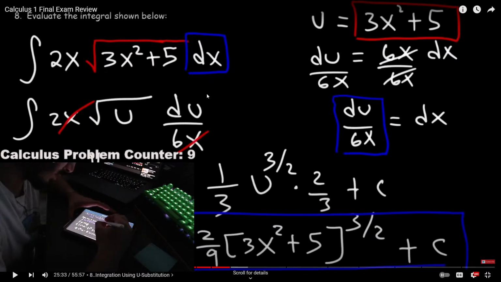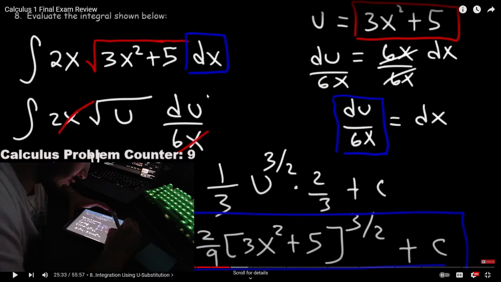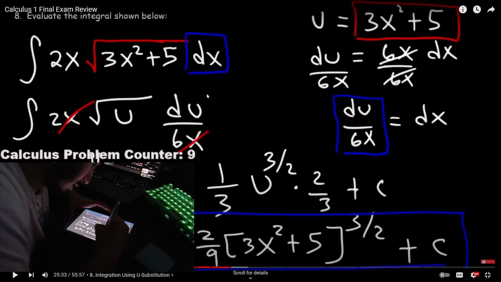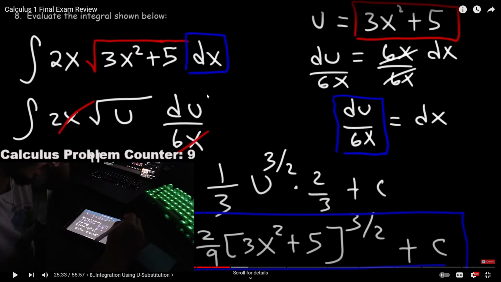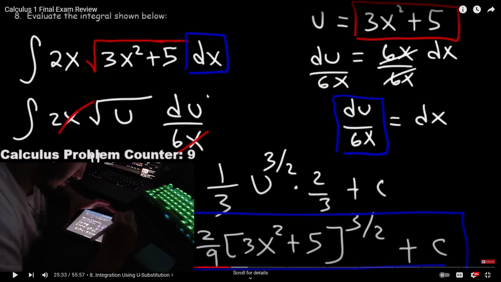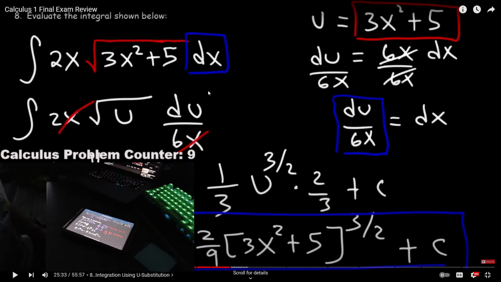And then plug back in u, which is 3x squared plus 5, into u.